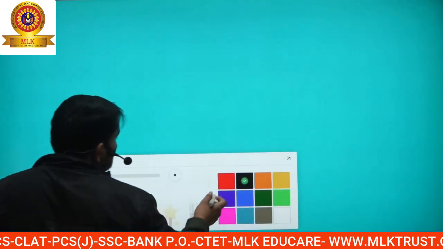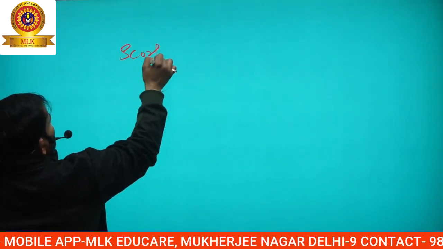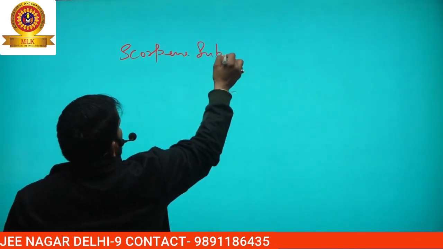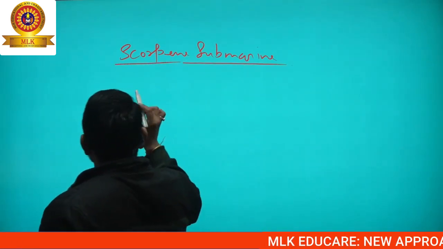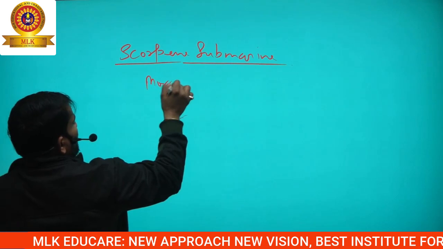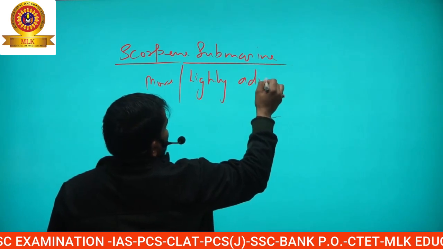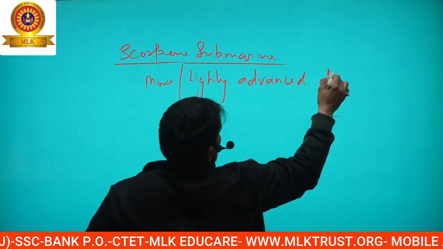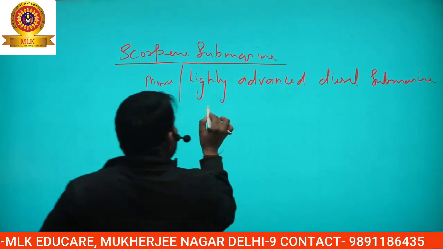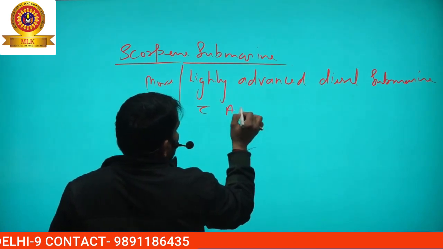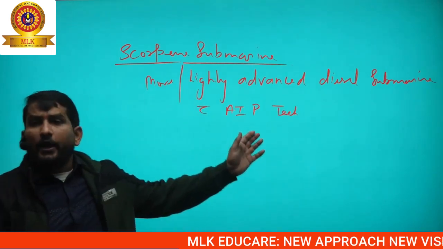Scorpion submarine. Clear? Actually, the Scorpion submarine is a more advanced, highly advanced diesel submarine with air independent propulsion technology, which is known as AIP technology.